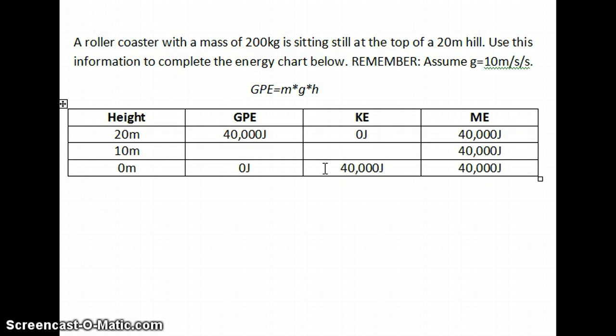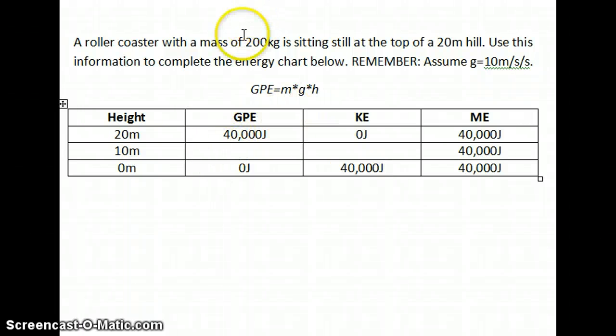Your last part to figure out is your height of 10 meters. At 10 meters, well, let's figure this out. There are 2 ways to skin this cat. We can take the GPE and divide it by 2 since our height is in half, or we can use our formula.